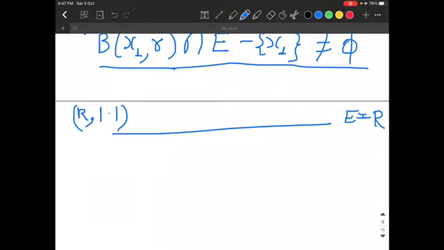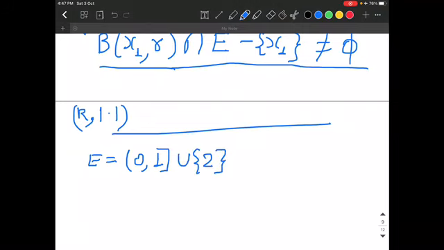Let's say E is the open interval 0 to closed 1, union 2. So this is 0, this is open, this is 1, and this is 2. So is 2 a limit point for set E?